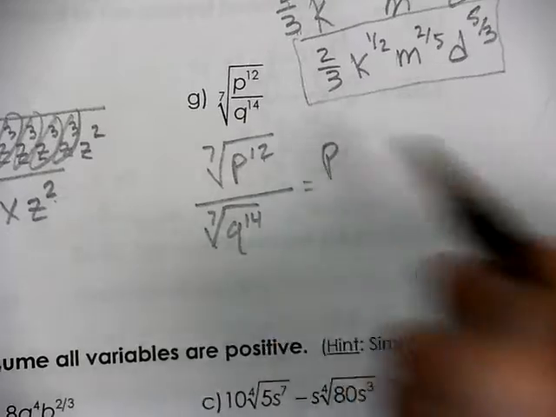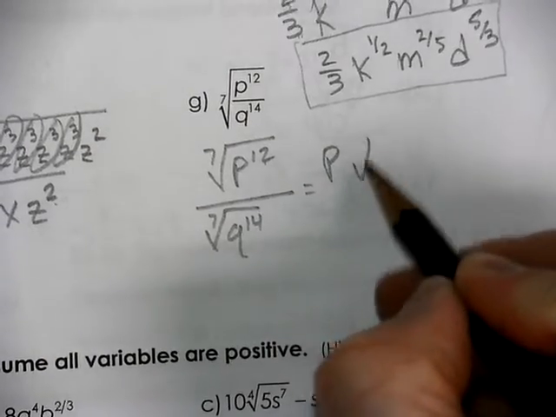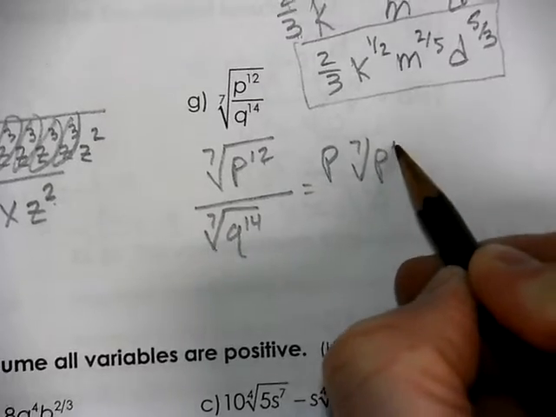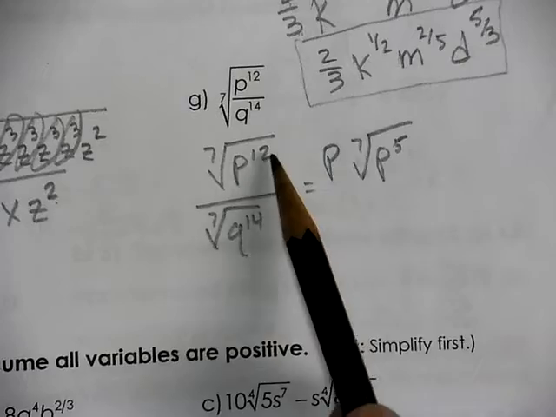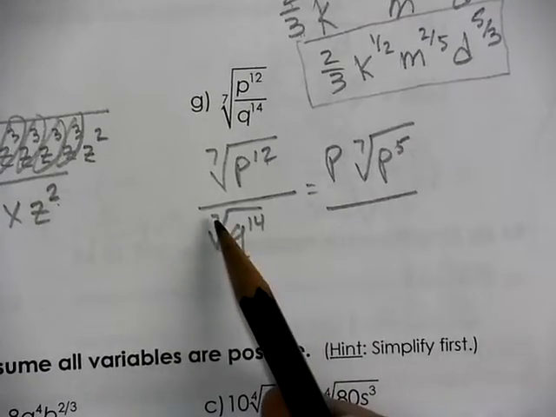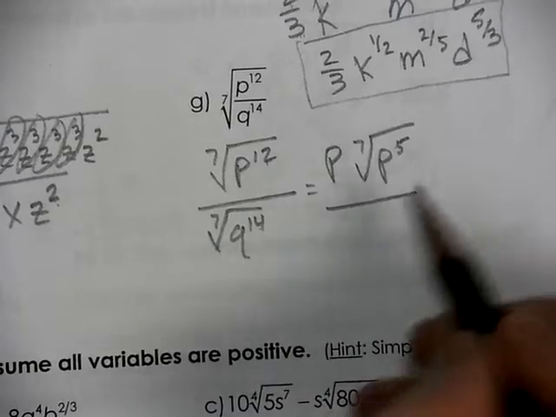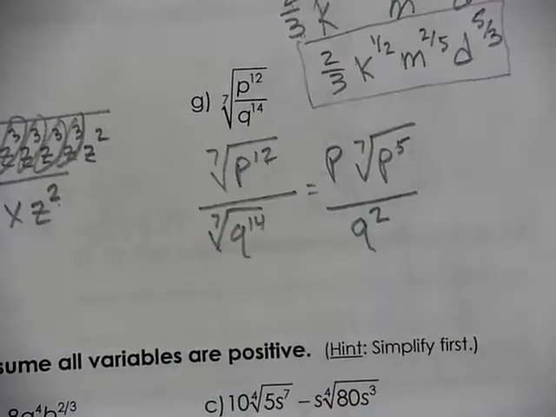So you are going to have a p that comes out. There would be 5 of them left over. You would pull out your group of 7 of them, and there would be 5 of them left over. 7 goes into 14 2 times. So you have 2 groups that come out, and there's none of them left over.